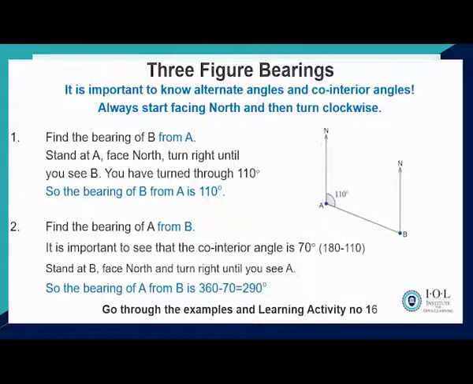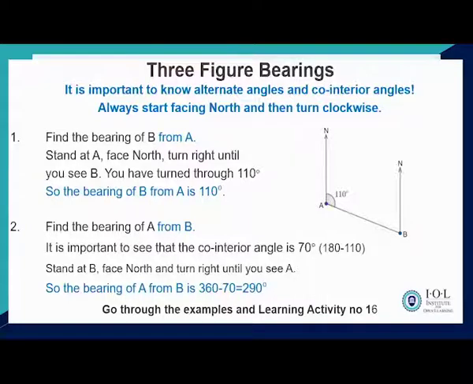Now, when I ask you the bearing from A of B, or the bearing of B from A, your indication is the from. Where am I standing? Go imagine yourself standing at that place.